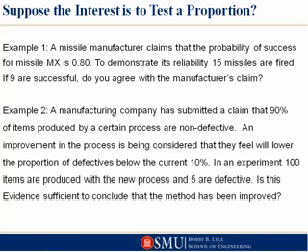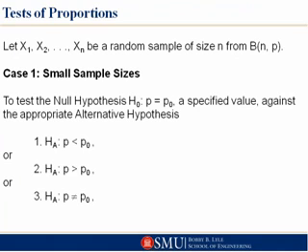You put in a new process, and hopefully the number of defects coming off of that process will be less than the 10%. If an experiment of 100 items, i.e. a sample, are produced with the new process and 5 are defective, is this evidence sufficient to conclude that the method has been improved, the process is an improvement?